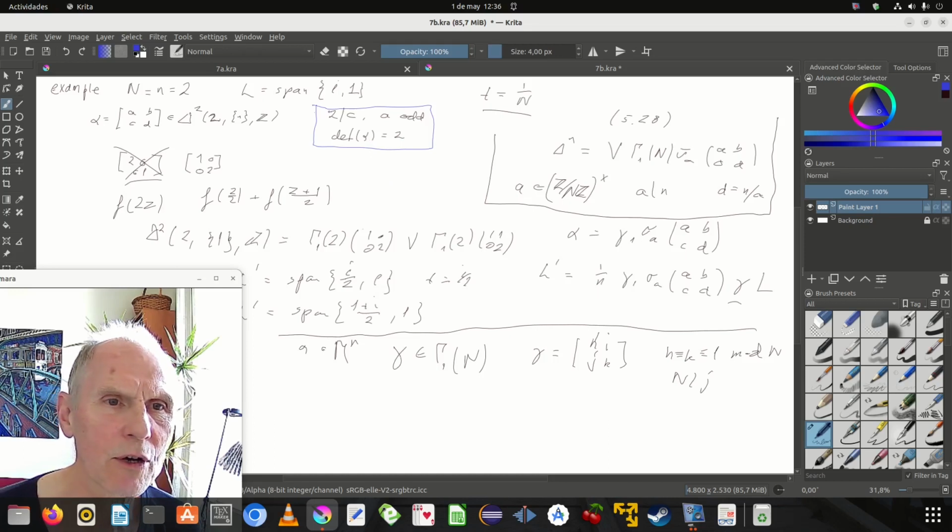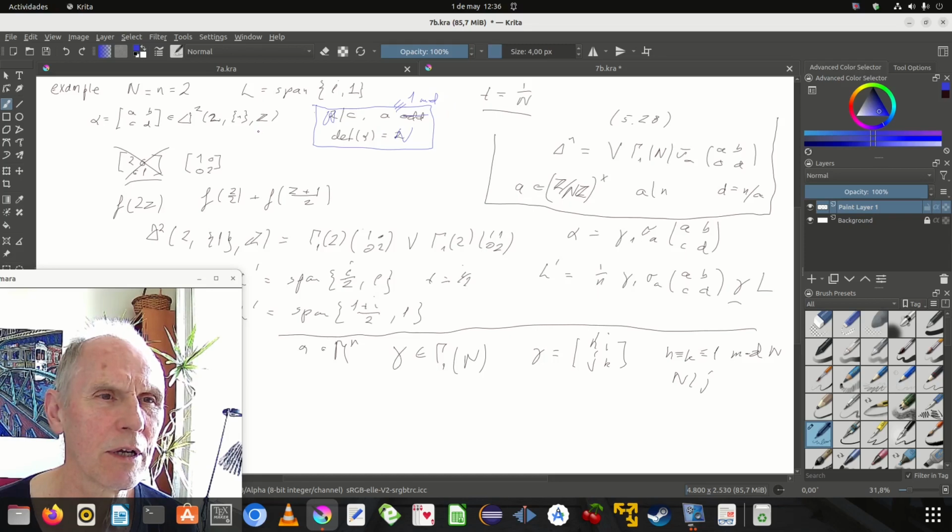So we just write n instead of 2, and a is equivalent to 1 modulo n.